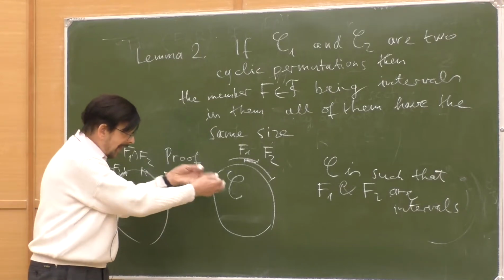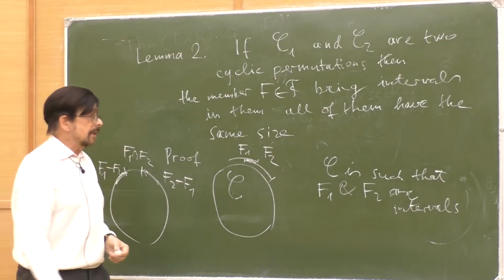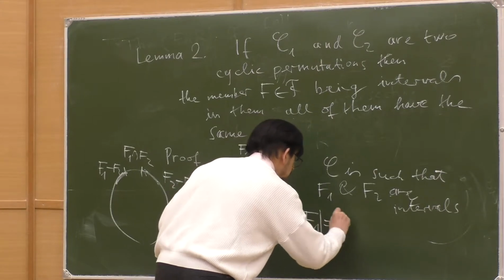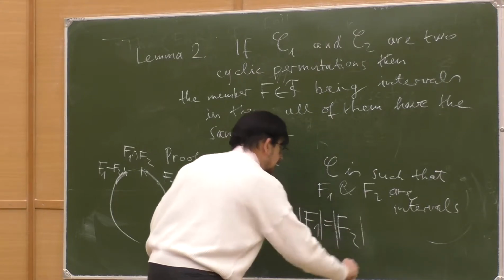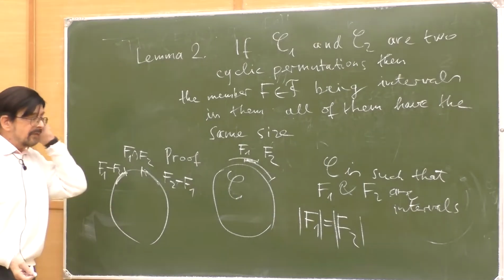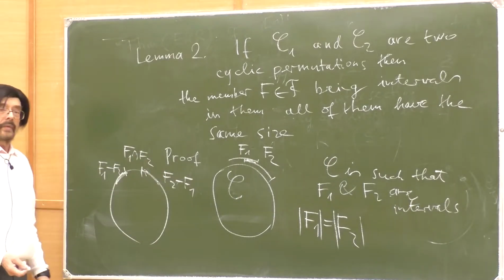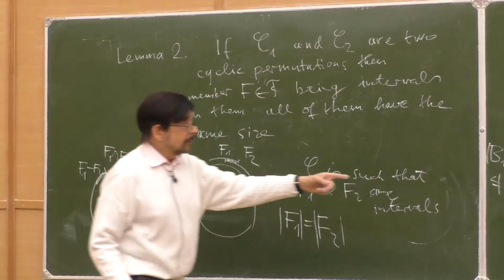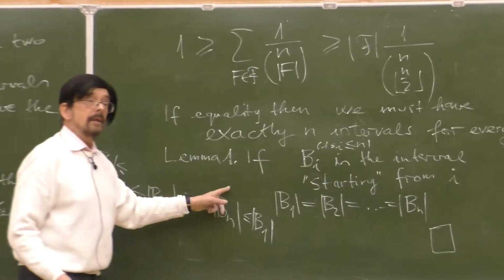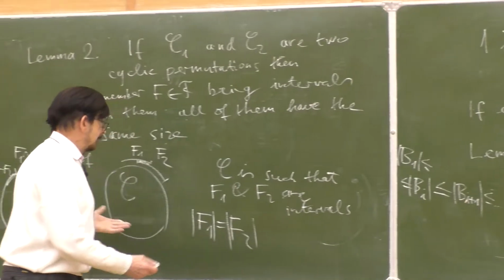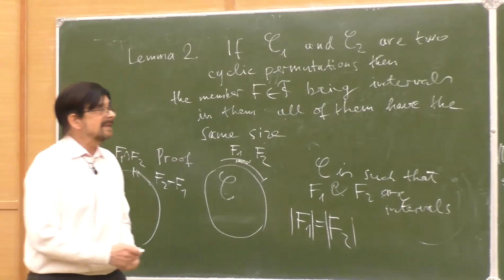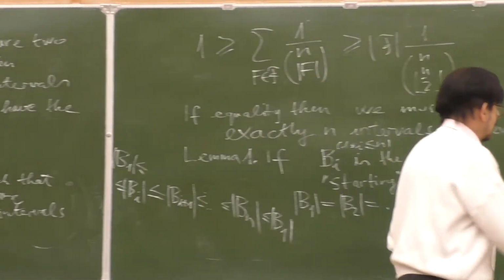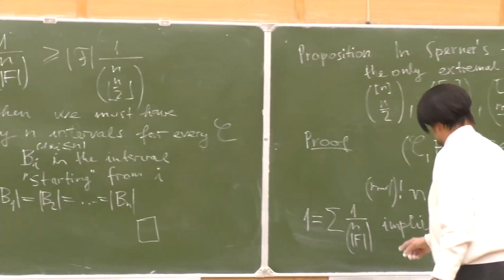And this is one cyclic permutation, and we have two intervals from a family. So we obtain from this lemma that they must be of the same size. So now I arrived to this point really.